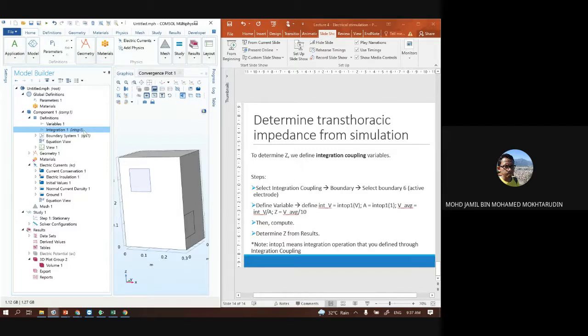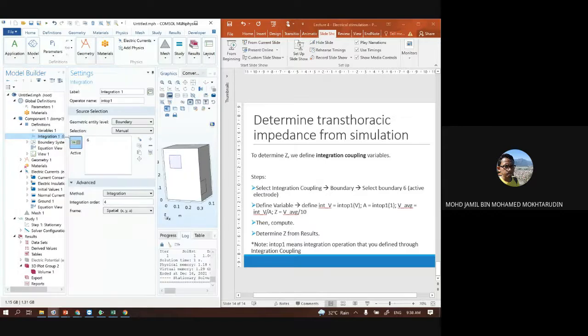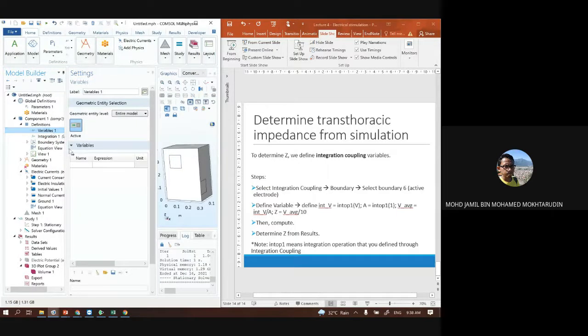So COMSOL created for you an operator, or a calculator, that allows you to integrate. Now you can use this calculator to integrate any variable that you want, but the integration occurs only in the electrodes.